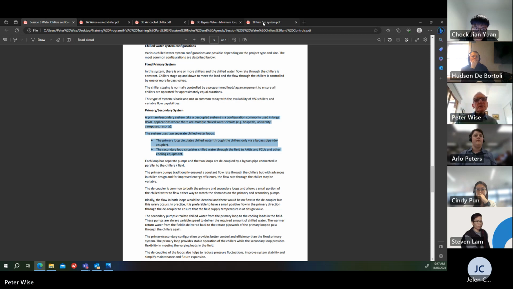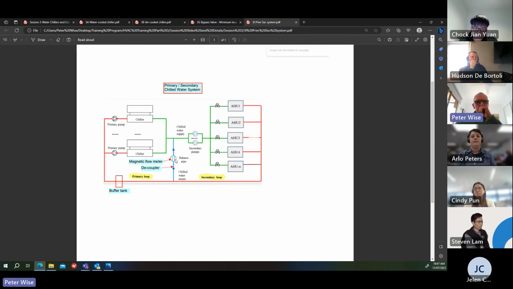So this decoupler, the blue one, doesn't have a control valve in it. It normally has a magnetic flow meter, and the magnetic flow meter can measure the flow and actually the direction of flow. Because in a primary secondary system, it's very rare that you have a balance between primary and secondary.